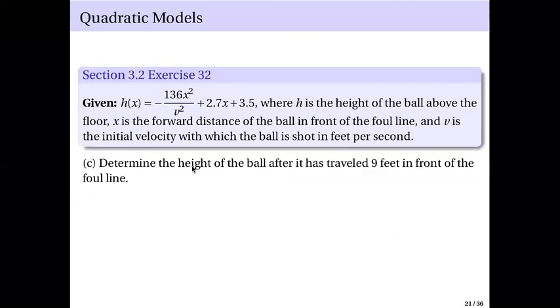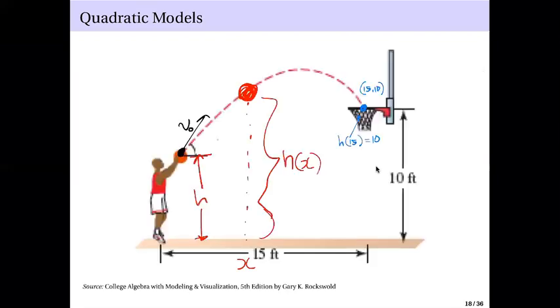Next, determine the height of the ball after it has traveled 9 feet in front of the foul line. Let us look at this. According to this, it is 15 feet. So 9 feet from the foul line.